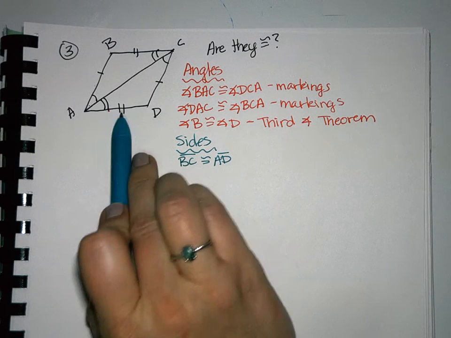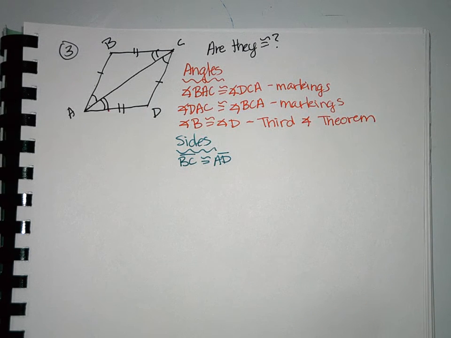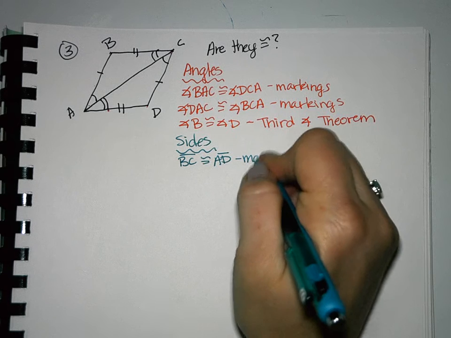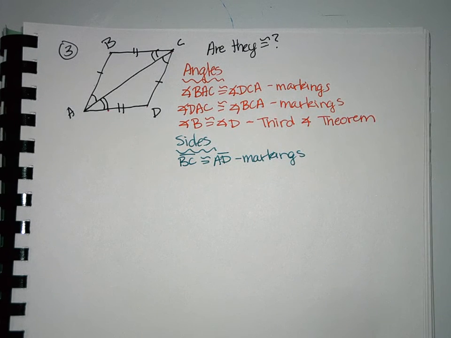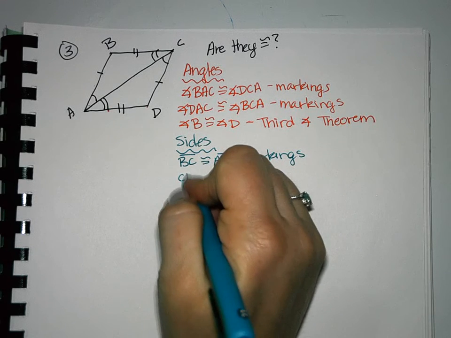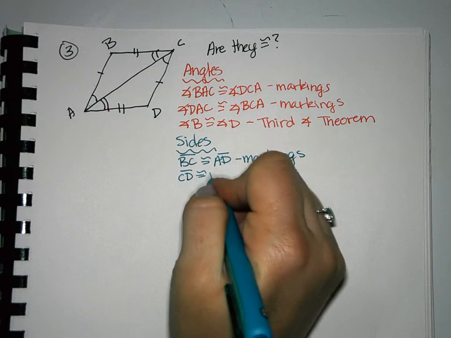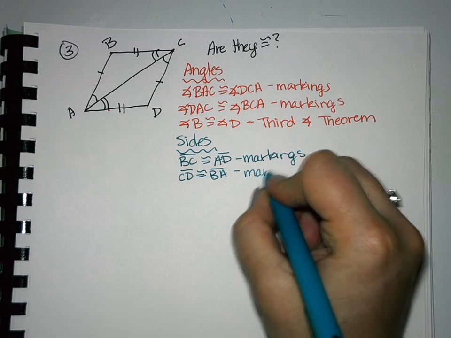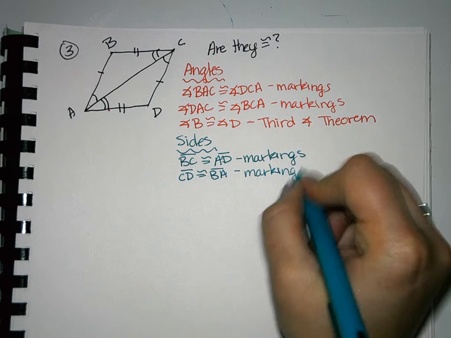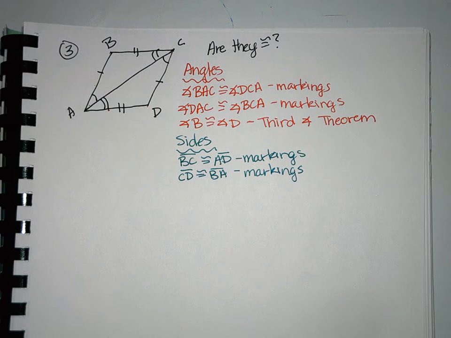What's another one? So that one we knew by its markings. CD and BA. Again, because of the markings. What about the 3rd side of each triangle? AC.